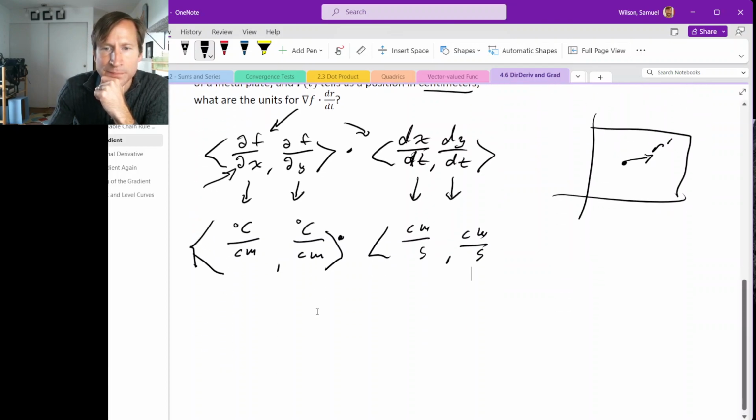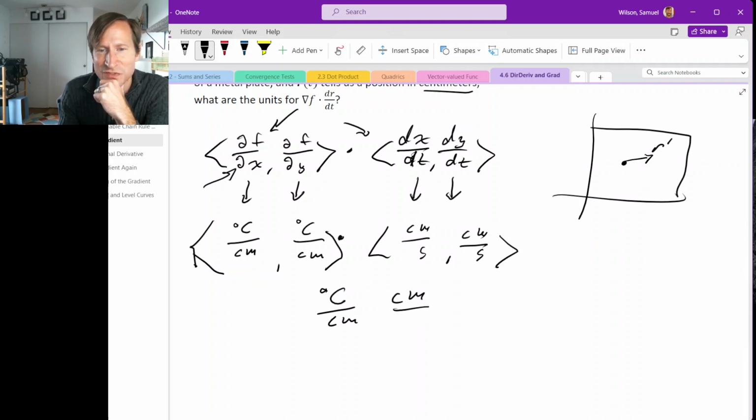That's what the dot product gives us. And when we do this dot product, the units in the first factor, degrees Celsius per centimeter, get multiplied by the units for the right-hand factor, and we get degrees Celsius per second, which makes sense. This is the unit for df dt.